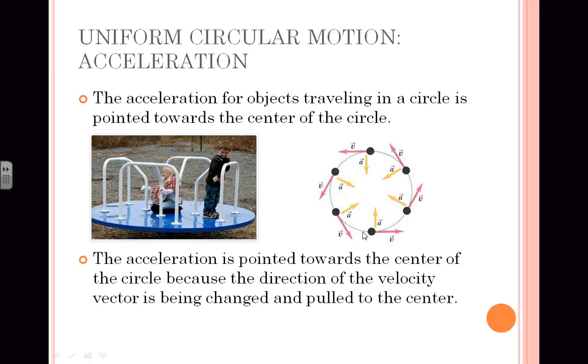And because velocity is a vector, if you change the direction, even if you're not changing the speed, you're making an acceleration. And in this case, the acceleration will point to the center because as this vector goes around the circle, it's actually getting pulled back towards the center instead of going off in the tangent that it wants to go to. Okay, so again, the acceleration is pointed to the center because that velocity vector gets pulled to the center.